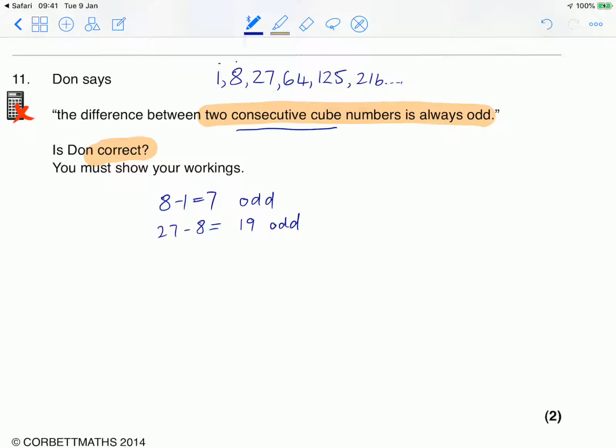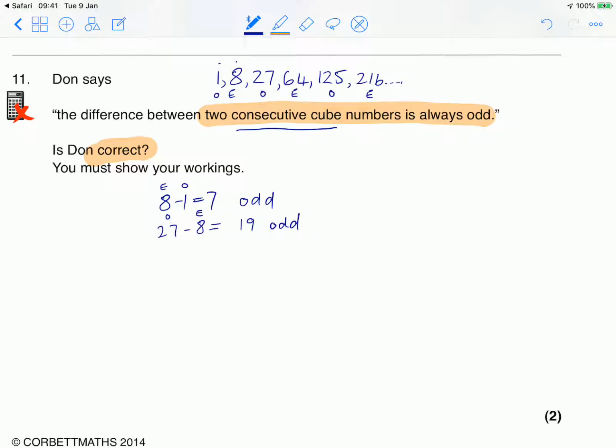And if I have a look now, I can see that there's a bit of a pattern here because we seem to go odd, even, odd, even, odd, even. So every time I'm doing one of these calculations where they are consecutive numbers, I've got an odd and an even.